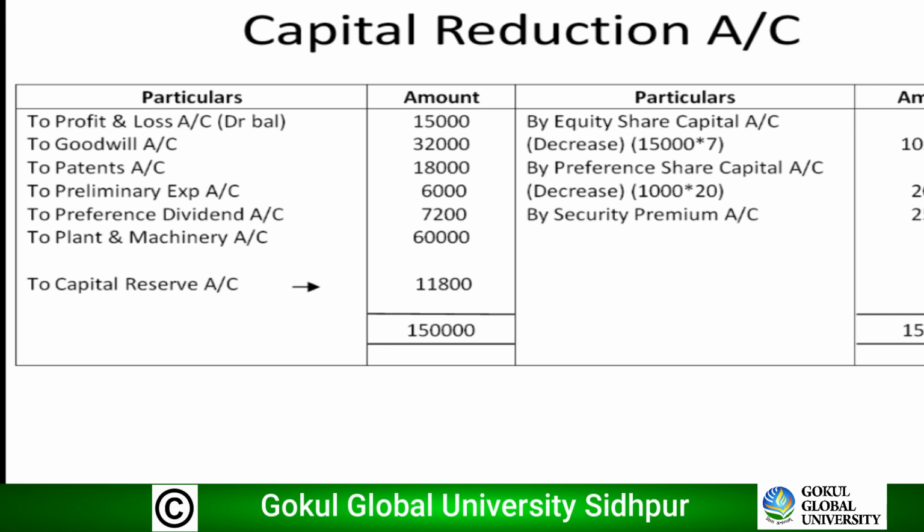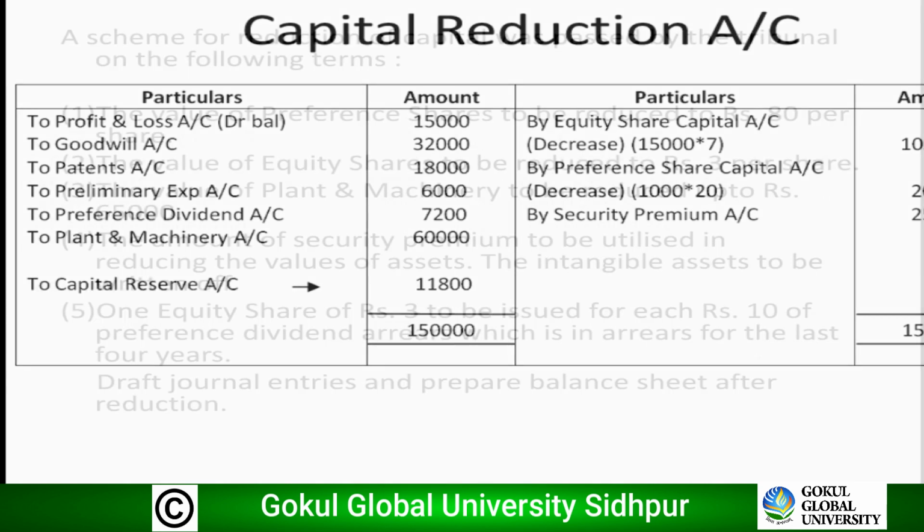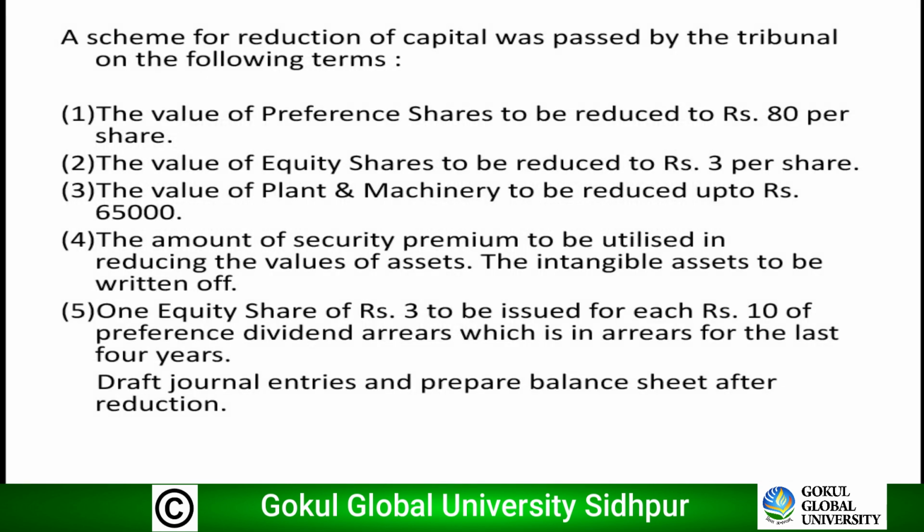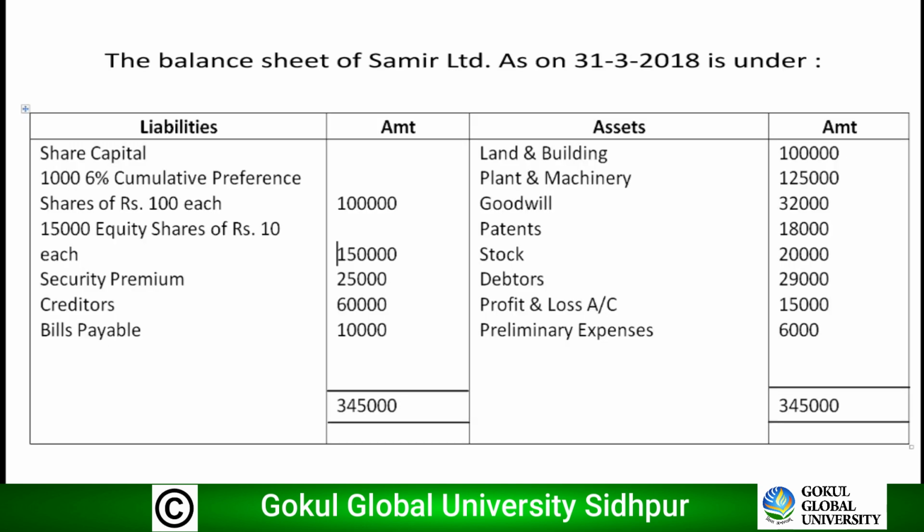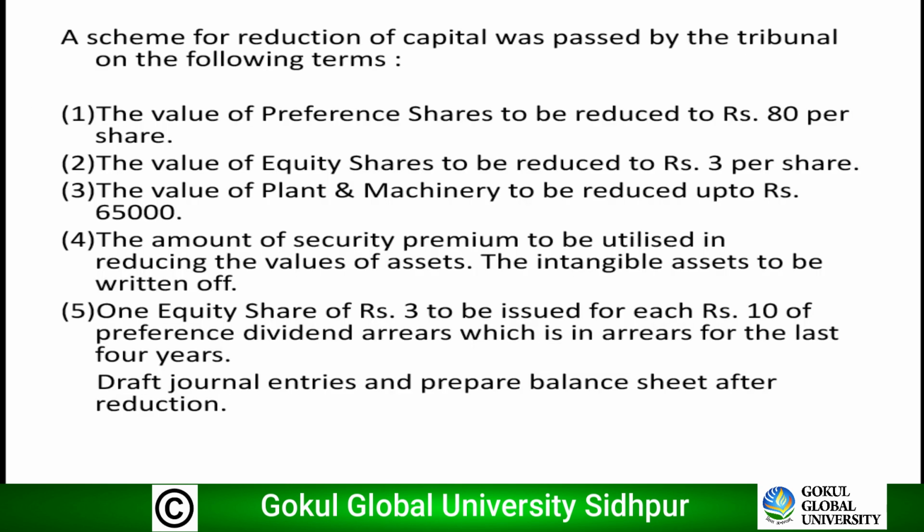See the credit side. So first, by equity share capital account 1,05,000. See adjustment number second. The value of equity shares to be reduced up to rupees 3. 3 means new price, and total price is given in balance sheet. See 15,000 equity shares of rupees 10 each. So 10 rupees is total amount of equity share, and new value for share is rupees 3.